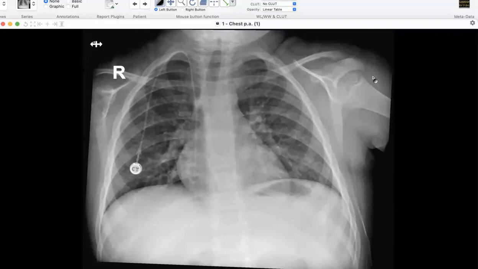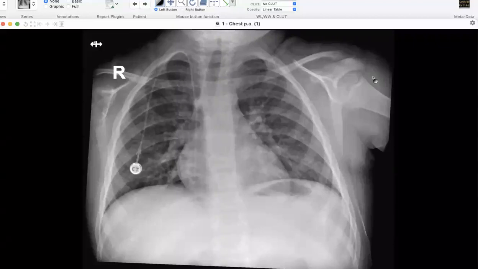So I'm suspecting that this is a case of aggressive bony lesion involving the right scapula in this young patient, and there's no known history of bony lesion in this patient.